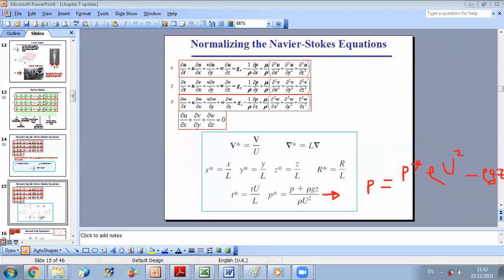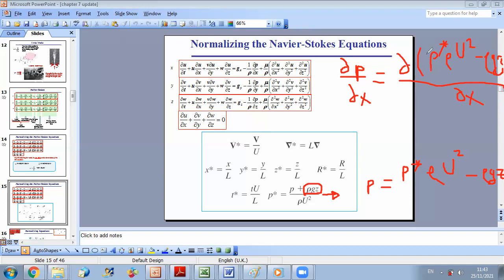What is nice about this definition is that this term is only a function of Z. So when you do del P by del X, equal to del of P star times rho U square minus rho g z with respect to X, since Z is not a function of X, this term will cancel out when you derive with respect to X. And since rho and U square are constants, you can take them outside of del.